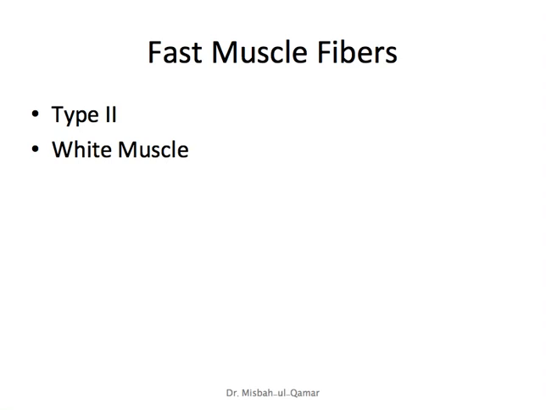Then the fast fibers have a less extensive blood supply and fewer mitochondria, because oxidative metabolism in fast fibers is of secondary importance. The fast fibers also have a deficit of myoglobin, and that is why they are white in appearance. Examples of fast fibers are the tibialis anterior and the extraocular muscles.